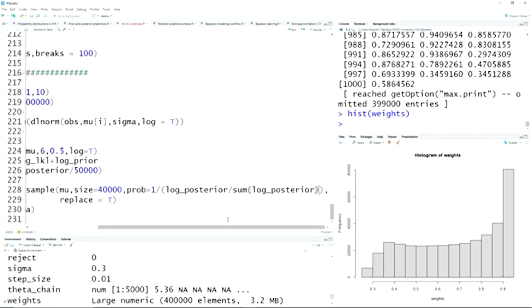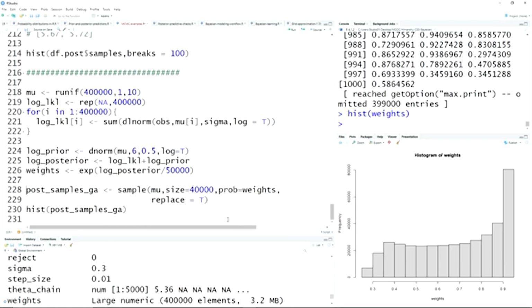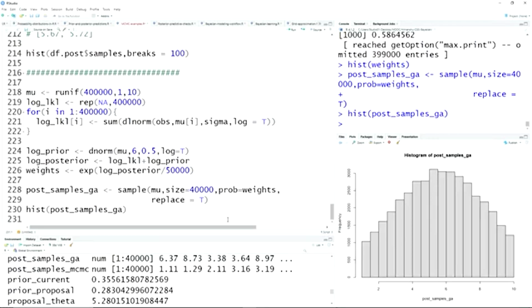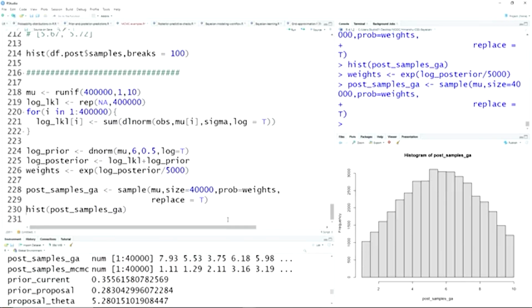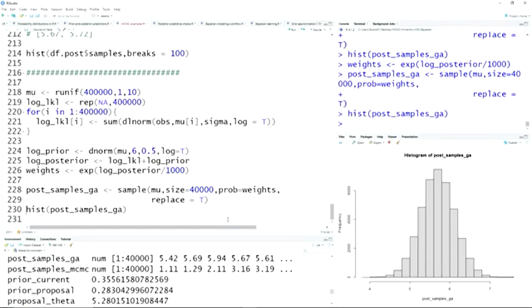Okay, so now I'll use these weights as probability. Okay, so this is much more believable. So this is much better. Yes. So now you're getting consistently the same shape.